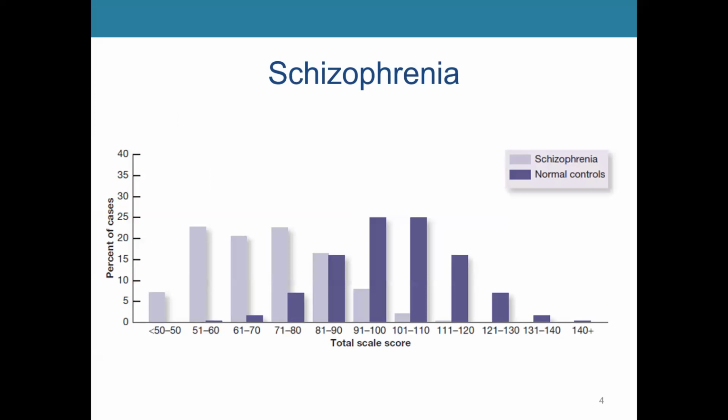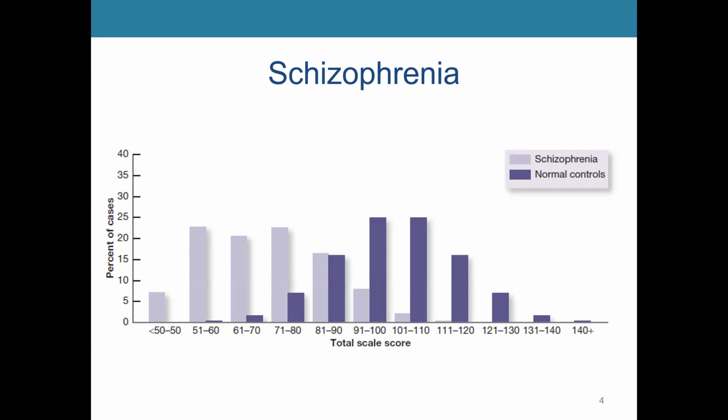Here we see the cognitive impairment in schizophrenia. Individuals with schizophrenia tend to score lower on tests for cognitive performance compared to healthy individuals. In this figure, patients with schizophrenia were compared to healthy controls on the Repeatable Battery for the Assessment of Neuropsychological Status, which measures memory, attention, and other aspects of cognitive functioning.